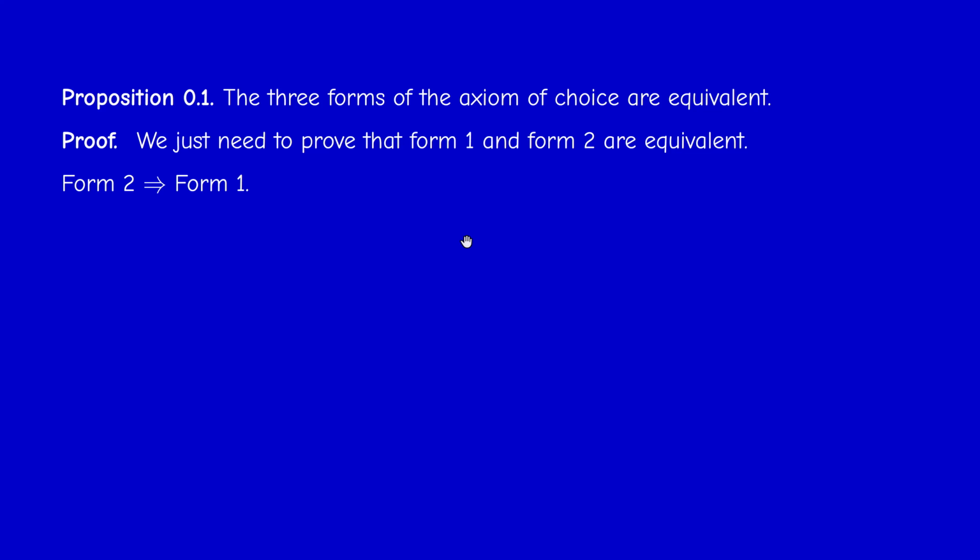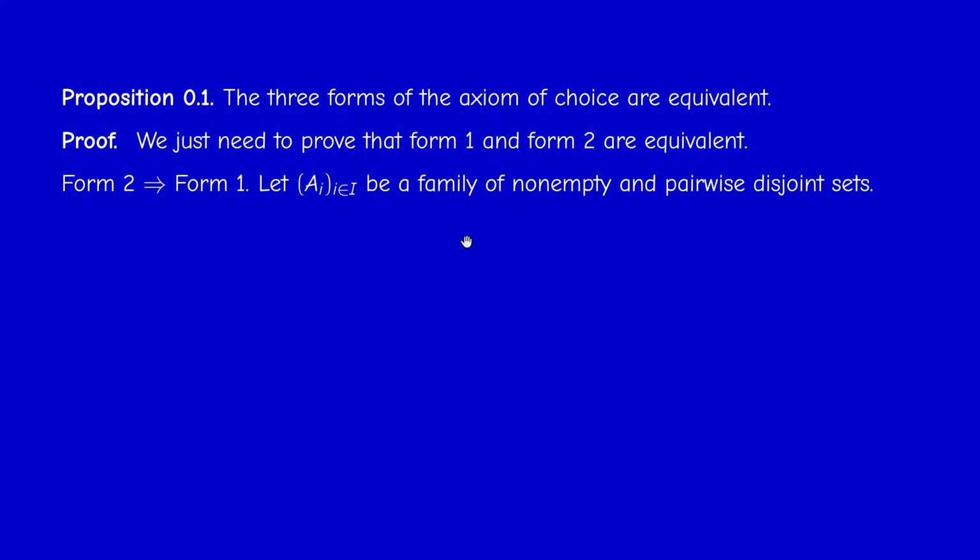So let us start with the easiest: form 2 implies form 1. Recall that in form 1, we have a collection of pairwise disjoint sets. So consider a collection of non-empty and pairwise disjoint sets. Of course, they should be non-empty, because otherwise we cannot do the selection. If one of them is empty, of course the product is empty. Now, this is an arbitrary collection of sets, so we are in the assumption of form 2.